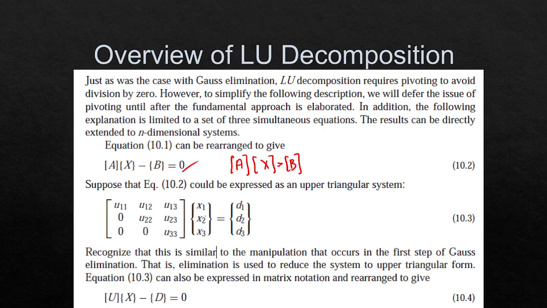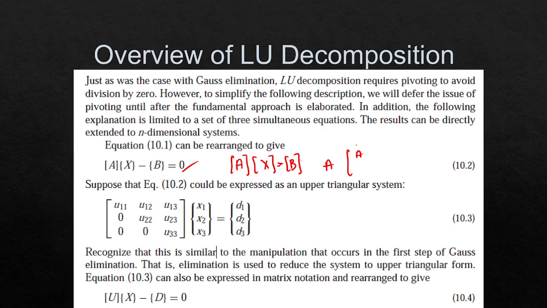So suppose that 10.2 could be expressed as an upper triangular system. So let's just say your matrix A, you will try to separate the equation, the matrix for A. So let's just say you have all the values.